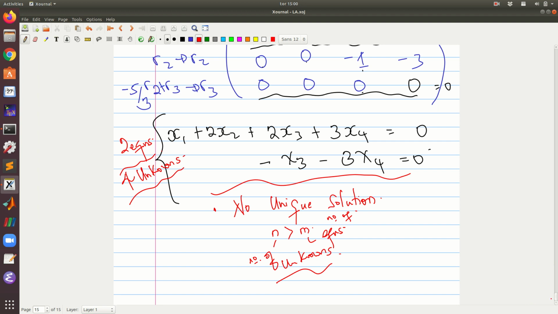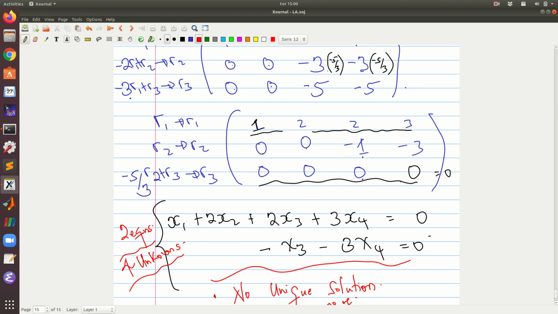If we go back to our row echelon form, we see that the pivot here is 1, and the unknown that corresponds to that pivot is x1. I hope you will agree. The other pivot, which is -1, corresponds to the unknown x3.